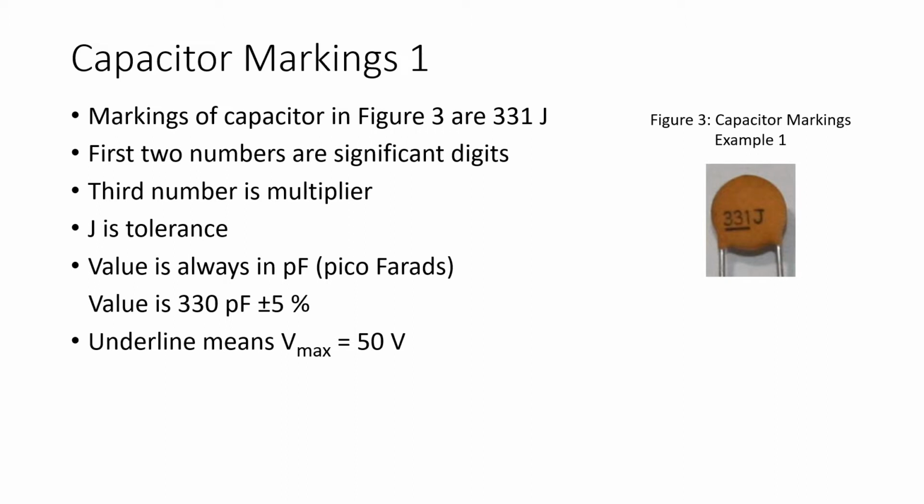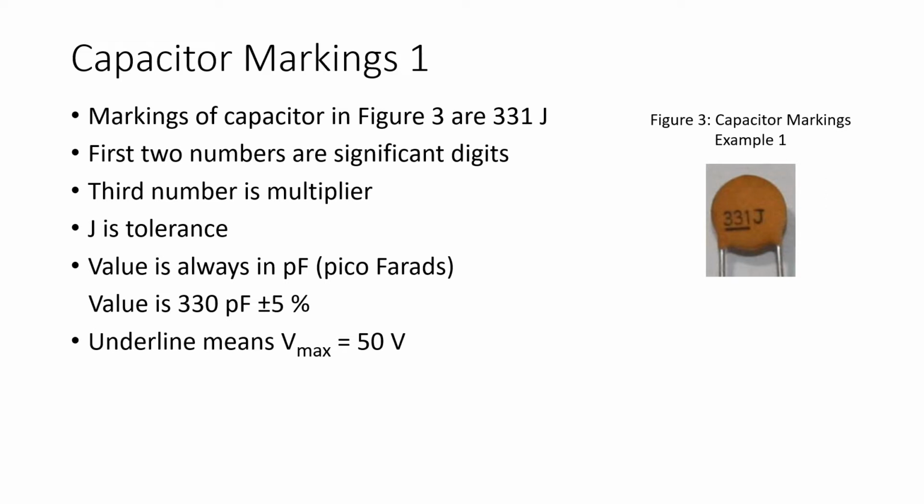Now, the value of these capacitors is expressed in picofarads. So this capacitor would have a value of 330 picofarads, and the letter J denotes a plus or minus 5% tolerance.